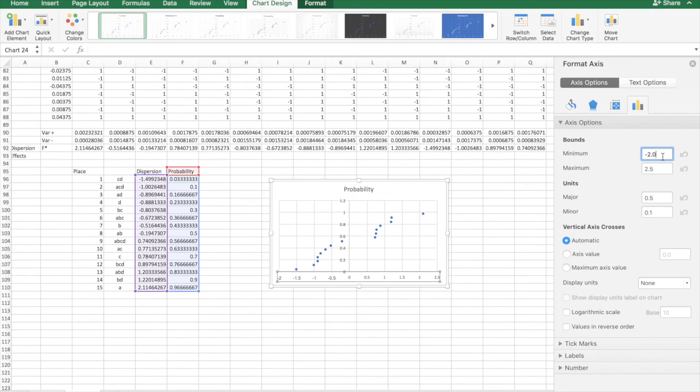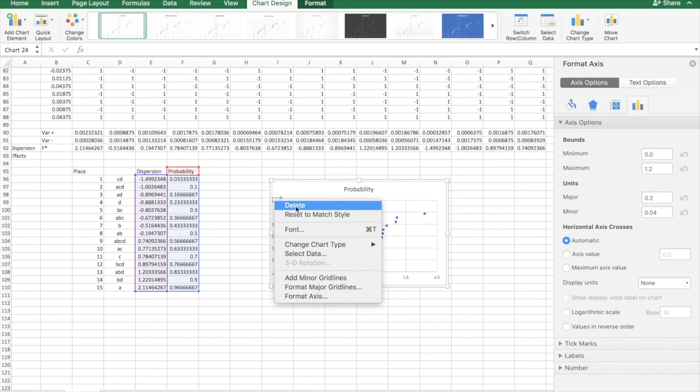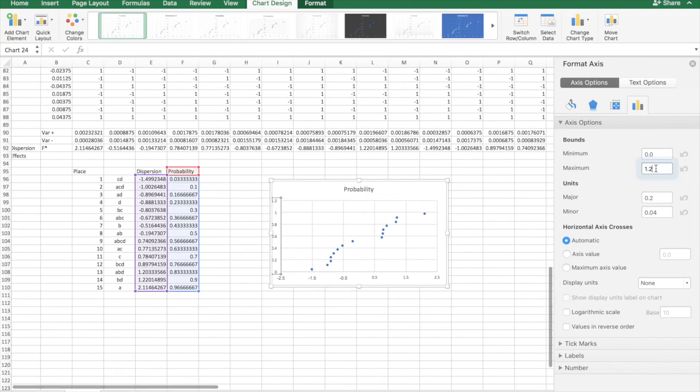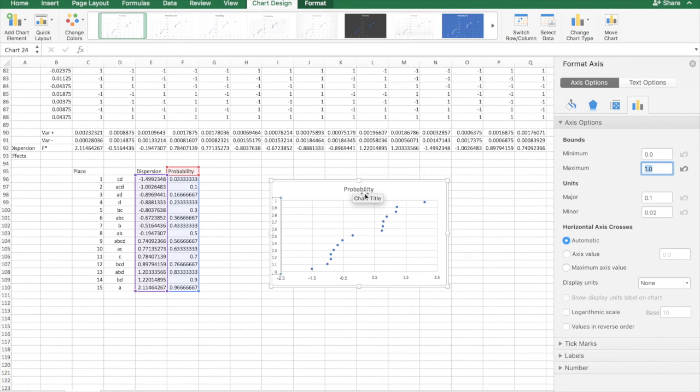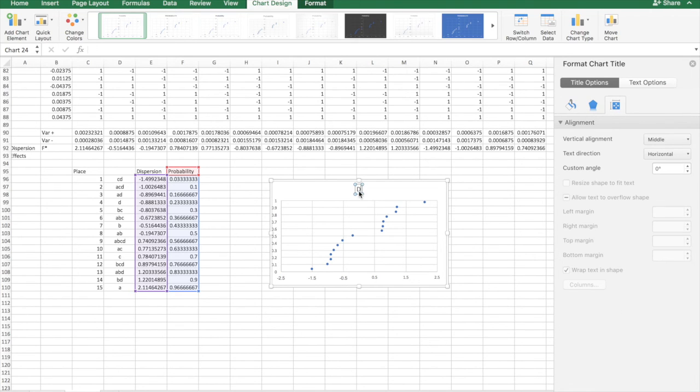I will set the axis minimum to minus 2.5, and the maximum to 1, and this is the Daniels test on dispersion.